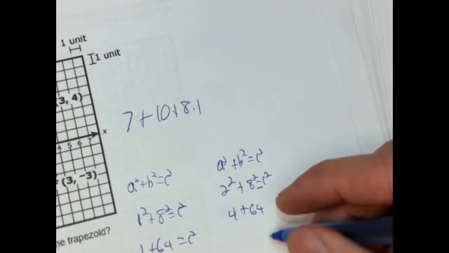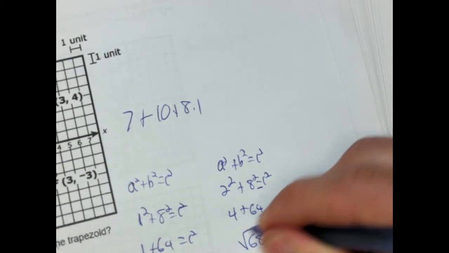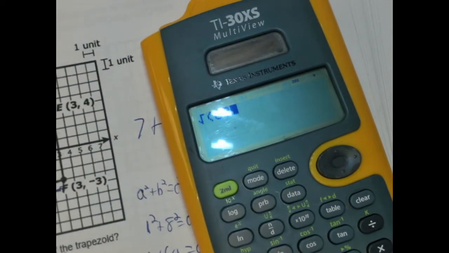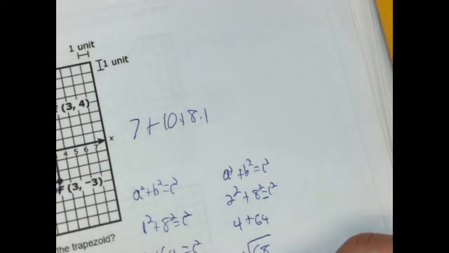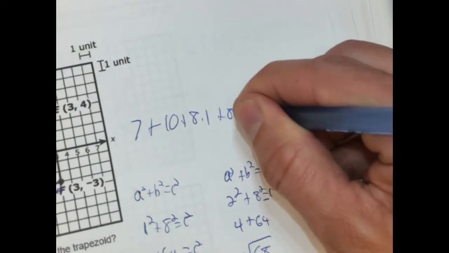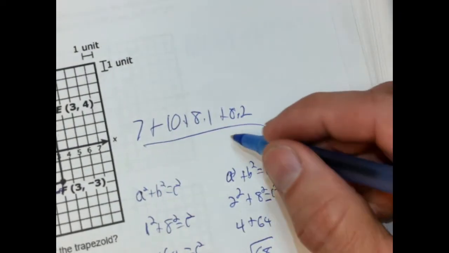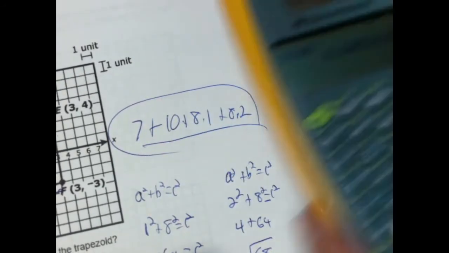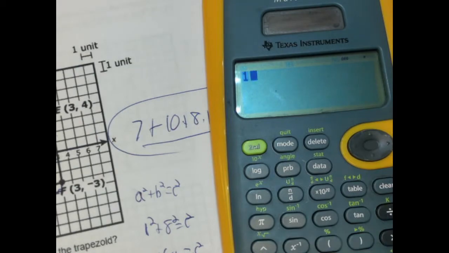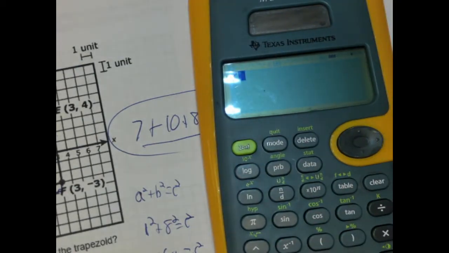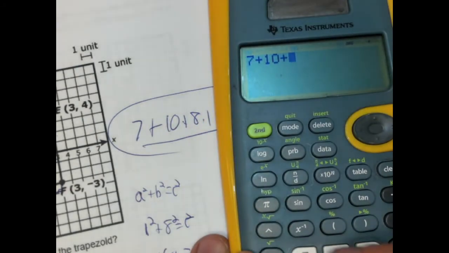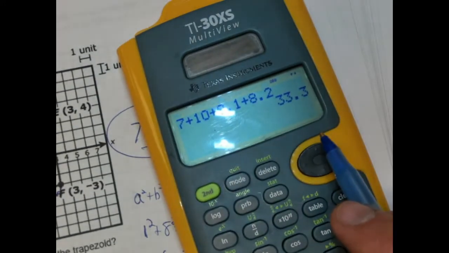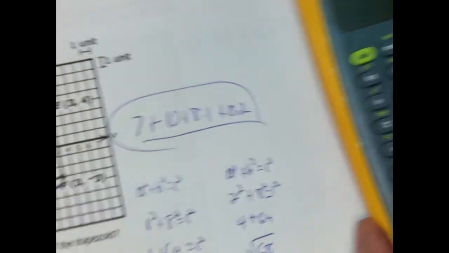Equals 68. And radical 68 is going to be 8.2. So I'm going to add these all together. So 7 plus 10 plus 8.1 plus 8.2, 33.3, which is the third option here.